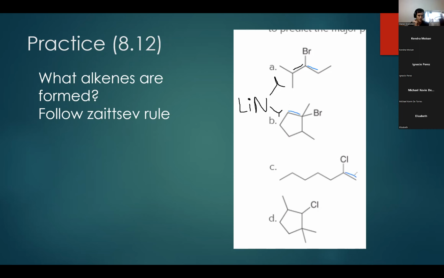It will be these, always the least substituted alkene. Do you guys have any questions before we move on? I know the E2 reaction can be quite a bit.